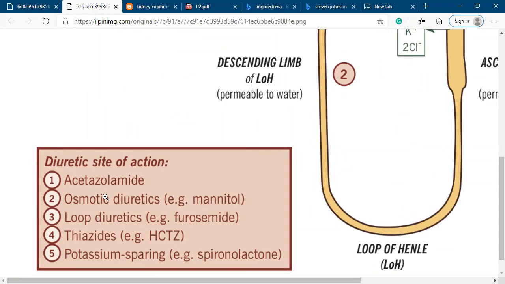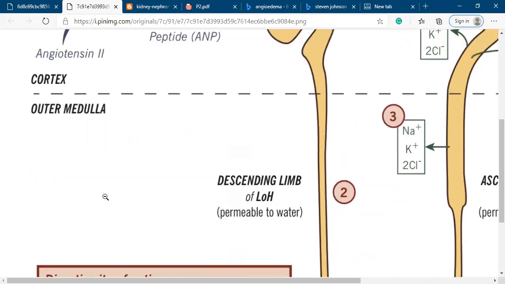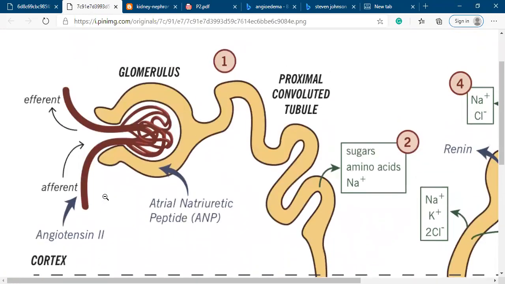Acetazolamide basically works on the proximal convoluted tubes. This is called the proximal convoluted tube, where acetazolamide works.